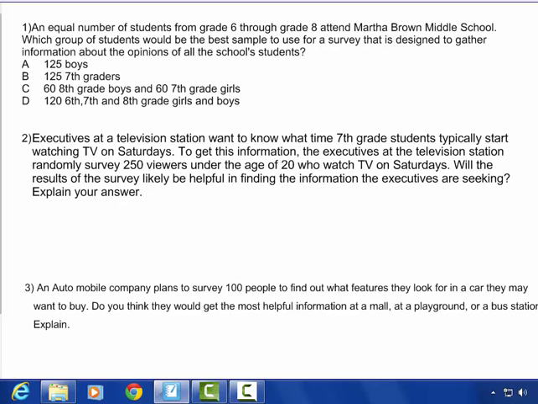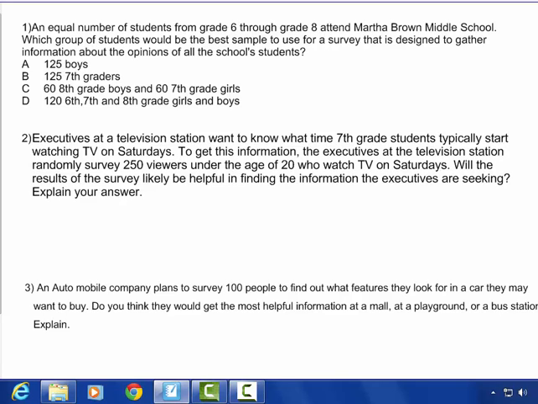An equal number of students from grades 6 through 8 attend Martha Brown Middle School. Which group of students would be the best sample to use for a survey that is designed to gather information about the opinions of all the students? So would you ask 125 boys? Would you ask 125 7th graders? Would you ask 60 8th grade boys and 60 7th grade girls?